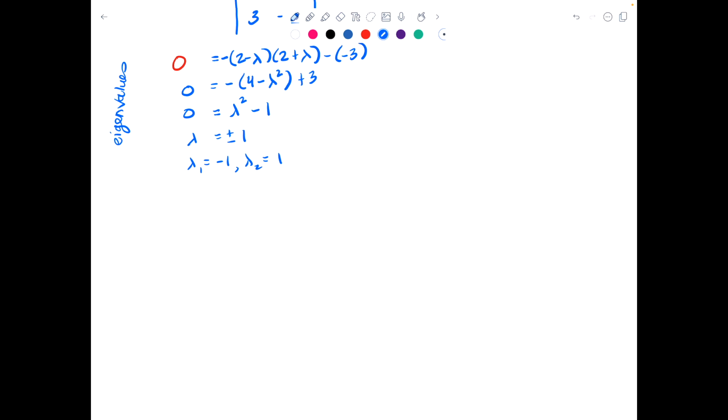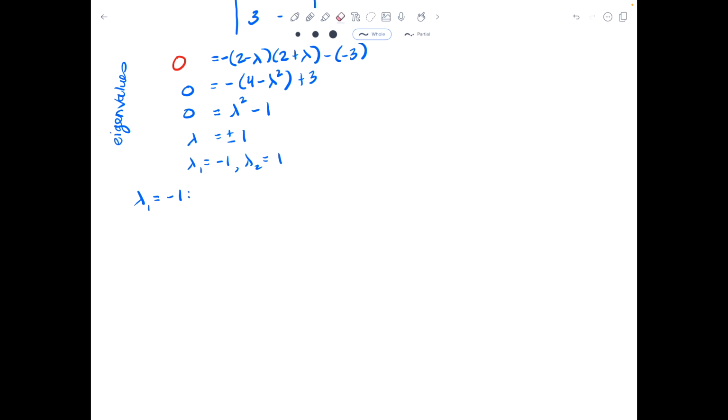To find the eigenvectors, this is going to be for lambda 1 equal to negative 1. The notation is different. If you're also taking linear algebra with us, the notation that this author uses is a little different, but it's okay. You get the same result.